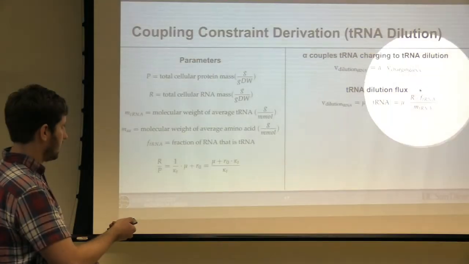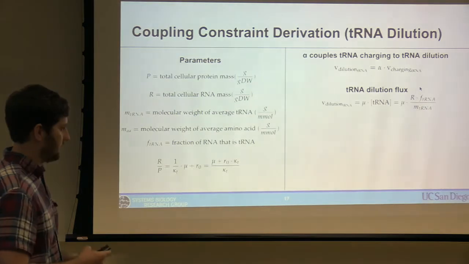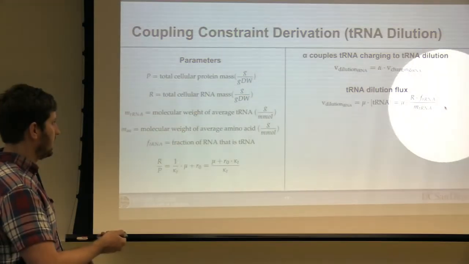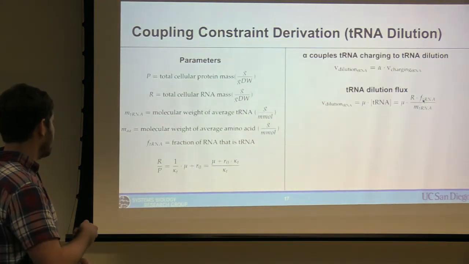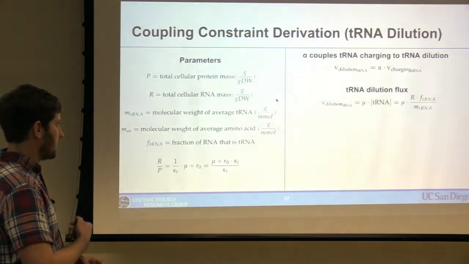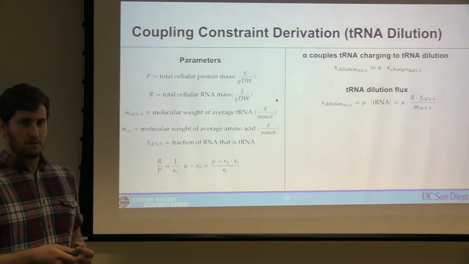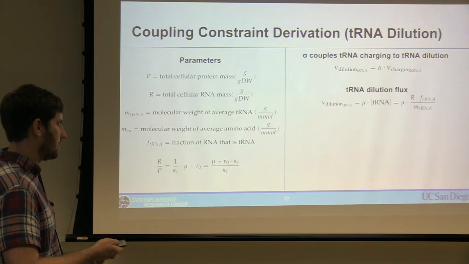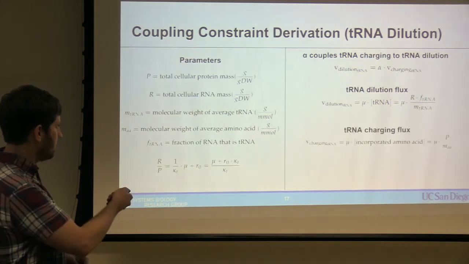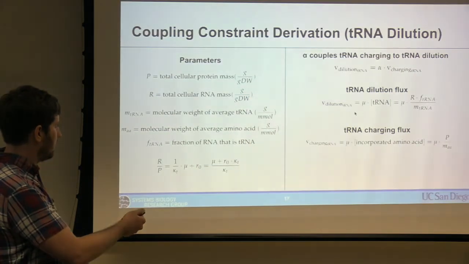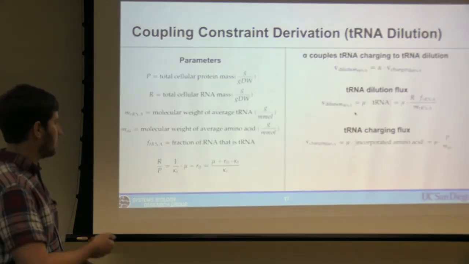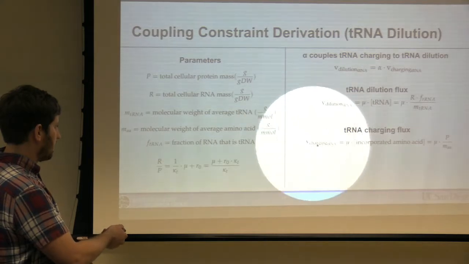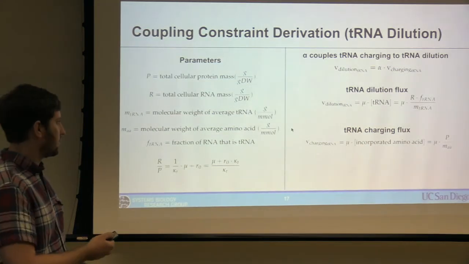So we're going to include a parameter, just a constant value that represents that fraction, and then divide that by the molecular weight of an average tRNA. So this is going to give you the moles per gram dry weight, or the concentration of tRNA in that organism, or in E. coli in this case. So we have V dilution, or an expression that defines that value. And so now the only thing we need to know is V charging, or the rate that tRNA is charged.